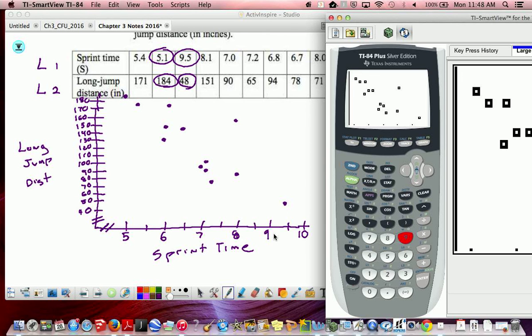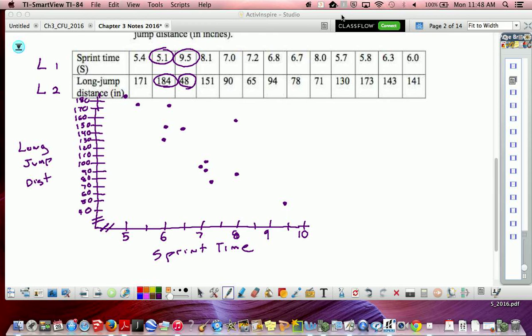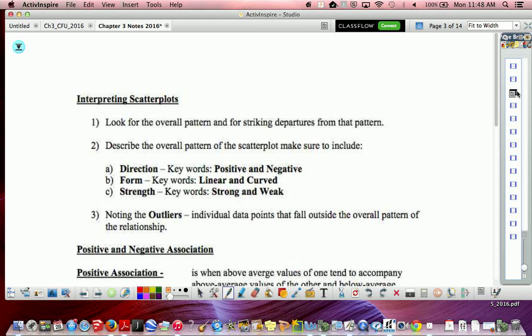So how do we go about describing this mathematically? Just like we would do shape, center, spread with our different types of graphs when we had one variable, we have descriptors for scatter plots. So on our next page, how do we interpret our scatter plots? Yes, today is 3 pages of notes. We're actually going pretty fast right now.